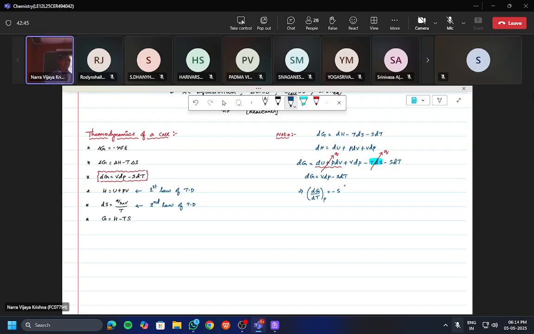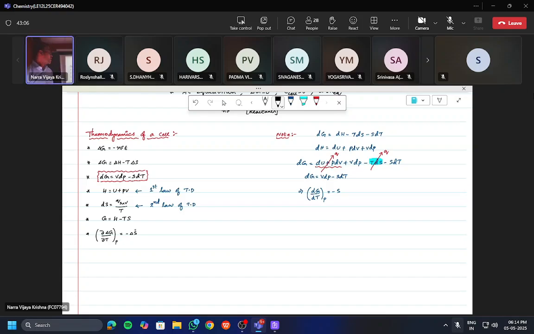Can I write it or not? So that's why I'm writing another equation: partial delta G upon partial T at constant pressure is equal to minus delta S.